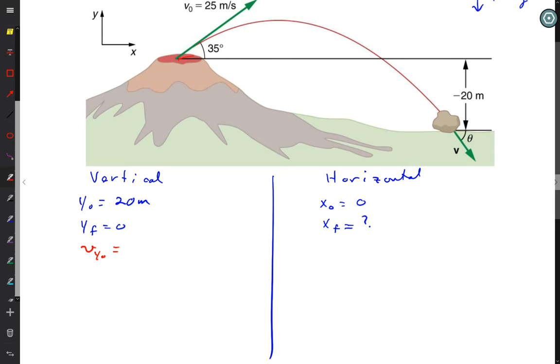So I will draw in the components. Once again, they have to add to give me the total vector. That's why the first one starts at the beginning and has its arrow at the right. The second one starts at the arrowhead and goes up to the end. So for the vertical, that's the opposite side, and so that's going to be opposite side, sine.